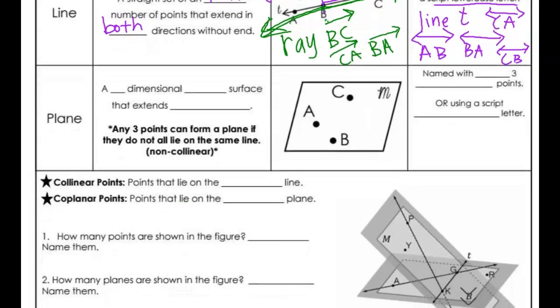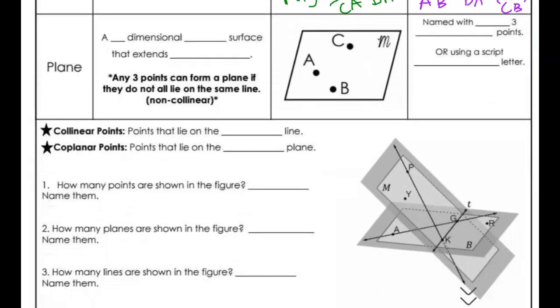Let's move on to planes. Now, this is not paper airplanes. It's not an airplane in the sky. It's a plane. Writing paper? This is a plane. It's flat. It extends. Now, put your pencil on your plane.